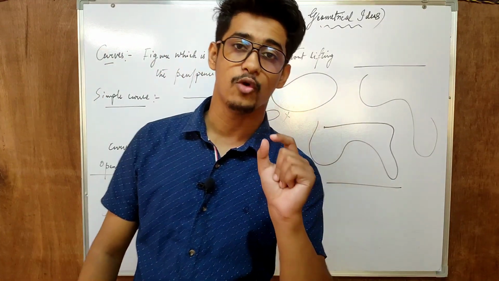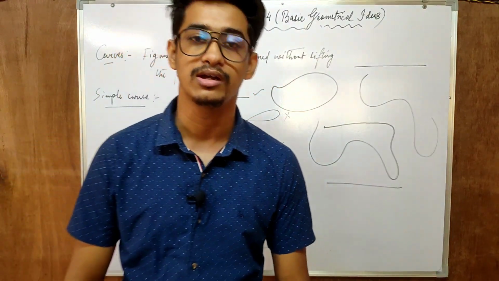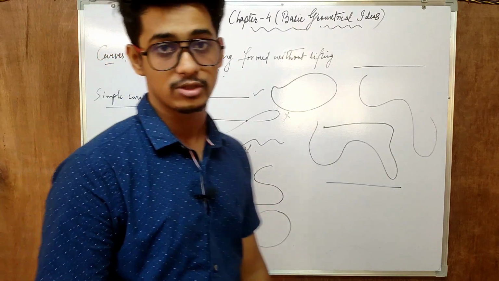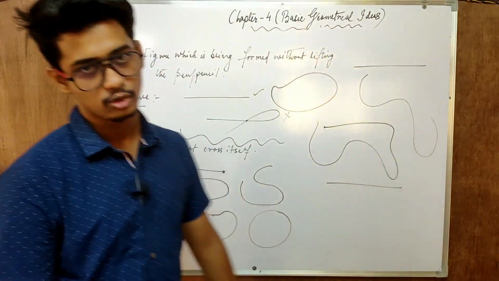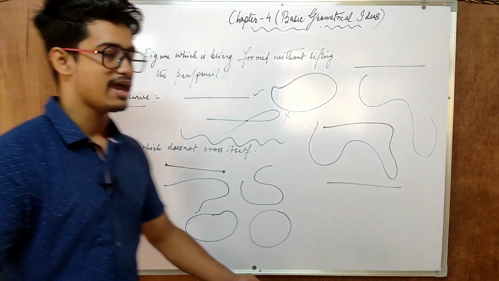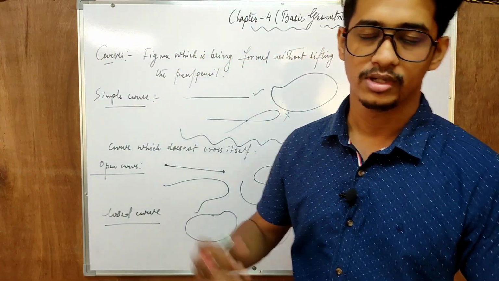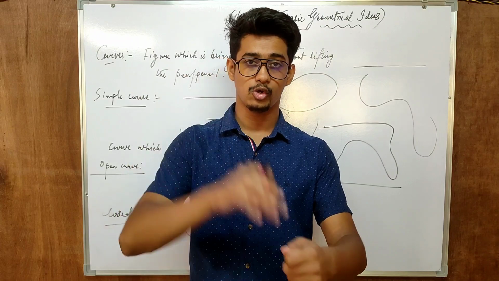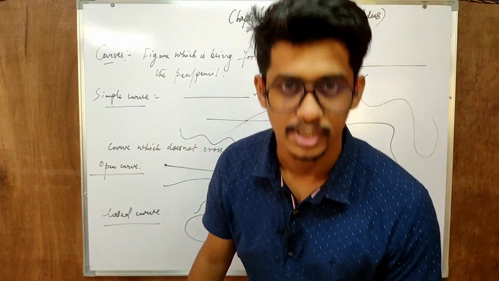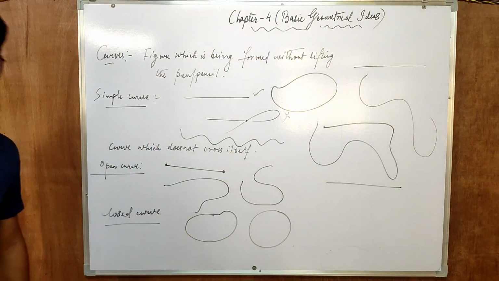But a simple curve is not an open curve and a simple curve is not a closed curve. Is it clear to all of you? So if I have one bag and I put simple open curves and closed curves together, that bag becomes a simple curve. Is it clear to all of you? I guess it is so.